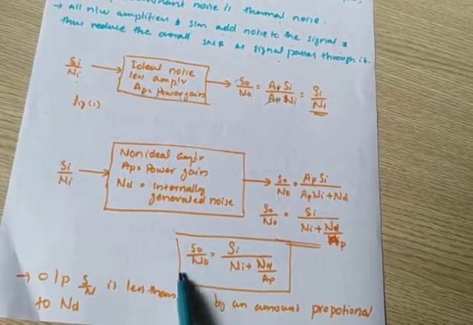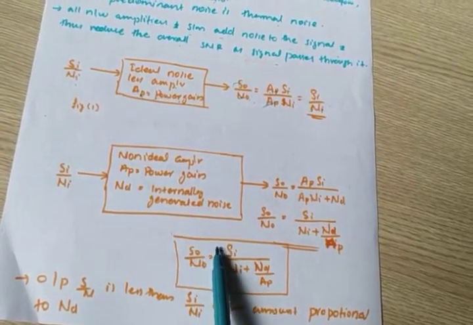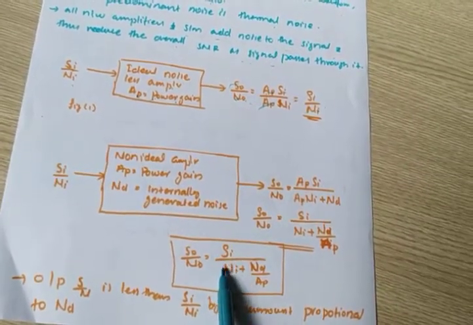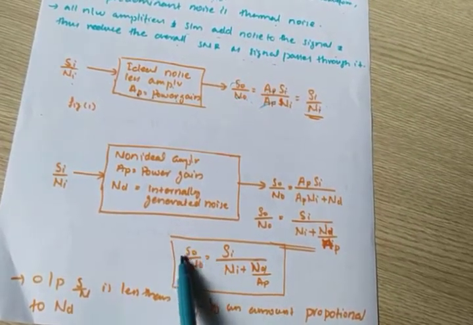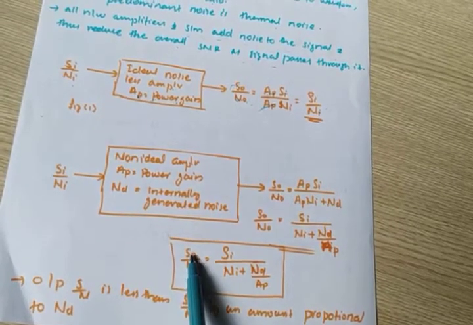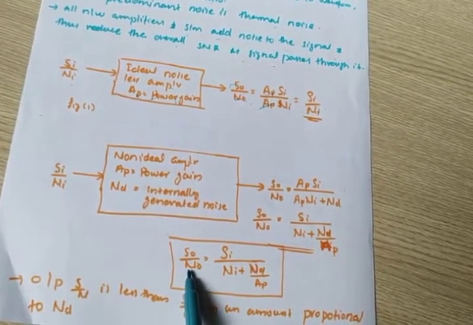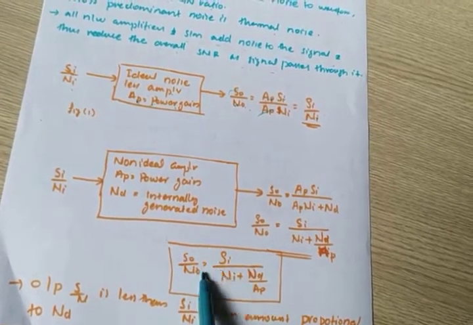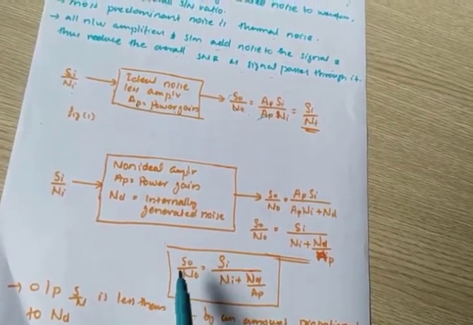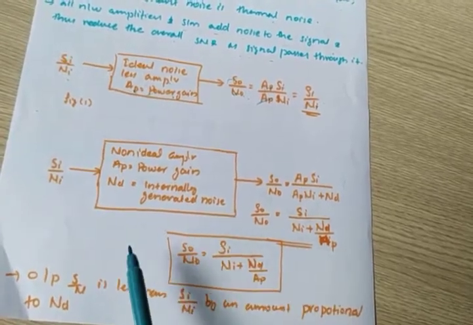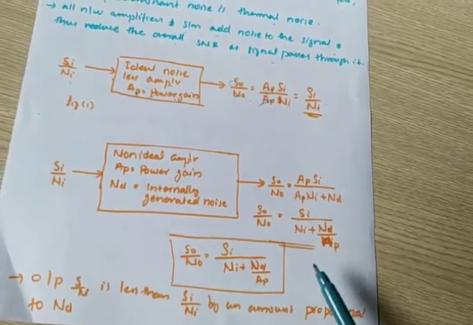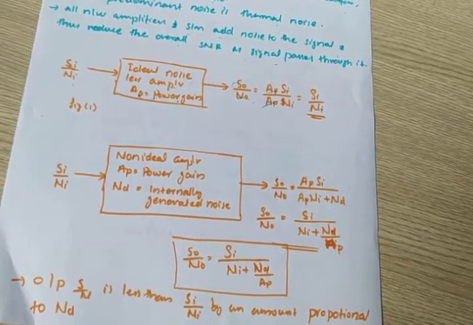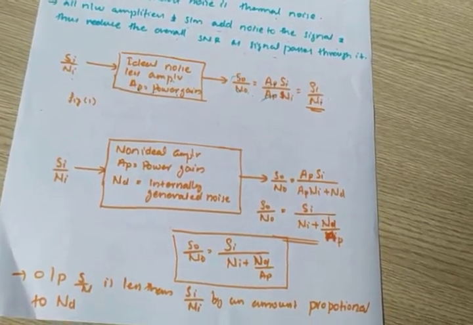Signal to noise ratio being less means this entire ratio is decreasing: in the numerator we have signal power, in the denominator noise power. So the signal power is less, which means we will get a feeble, low amplitude signal at the output, and we won't be able to hear the sound if we are transmitting an audio signal.